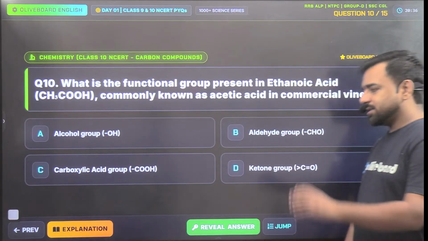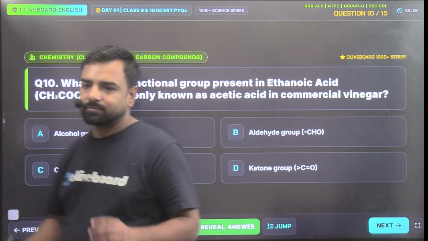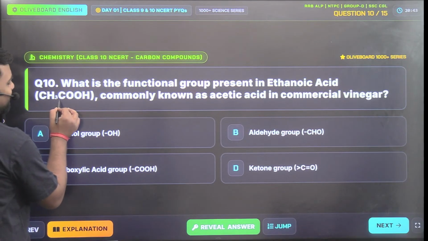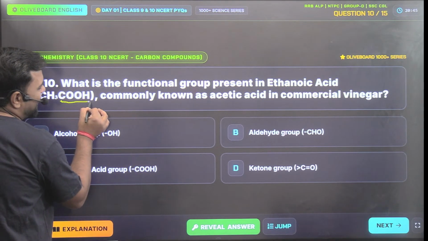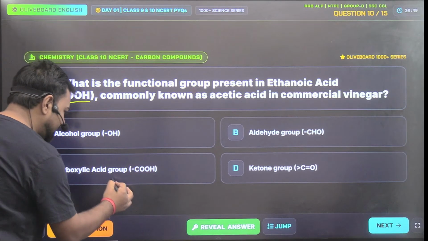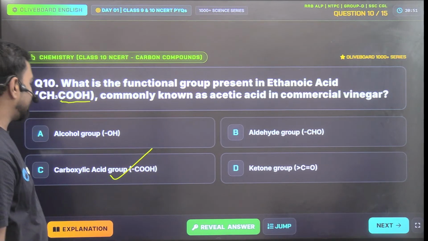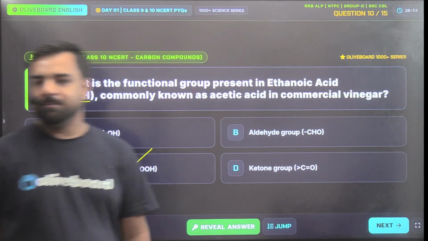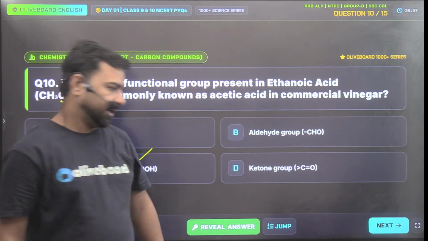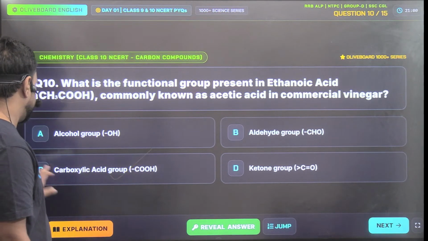In this case, there's a question in which detailing is already given. Just have a look. It's COOH. So that's ethanoic, right? So what is it? COOH. That means it's the carboxylic acid group. So Ankita, Natasha, and all the other candidates with C, you all are correct. Perfect. So C is the correct answer.